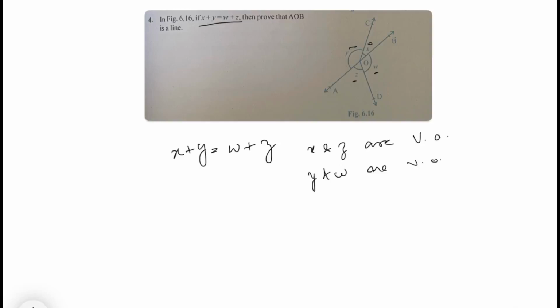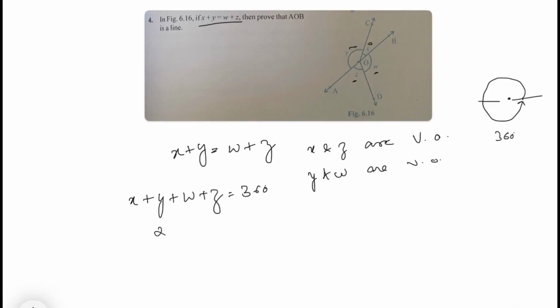Forget even this. X plus y is equal to w plus z, and now we know that all these four angles are around one point O. We know that x plus y plus w plus z is equal to 360 degrees, right? If you calculate the entire angle around any point, it is always 360 degrees.